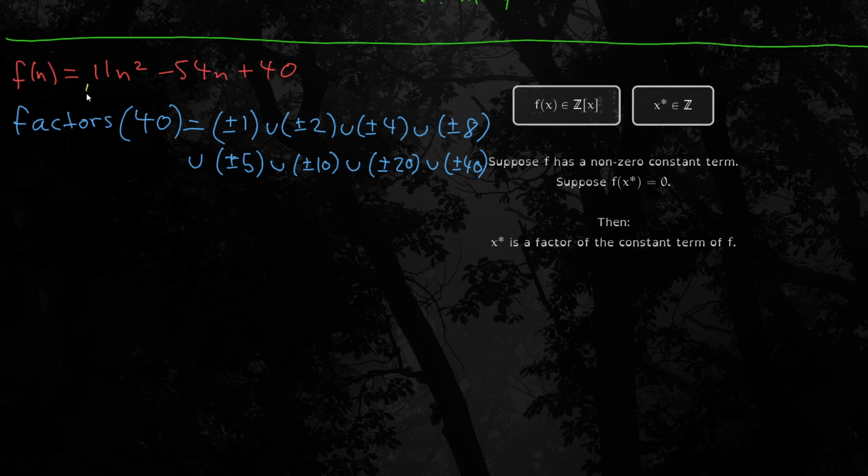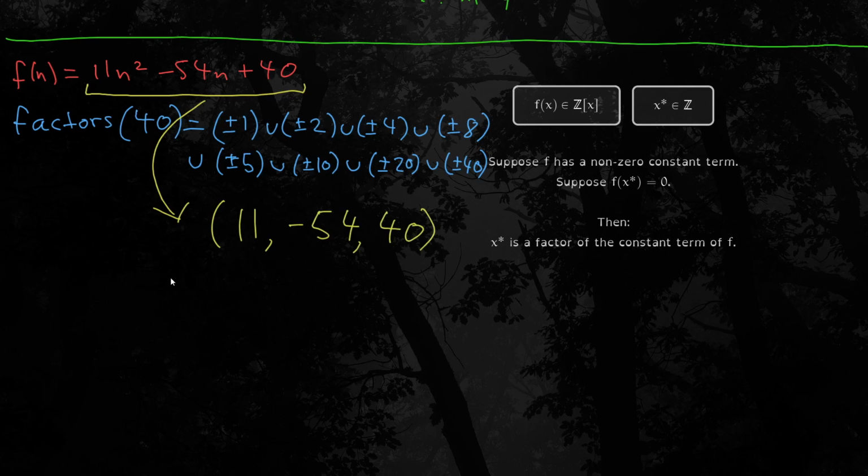And so what we're going to do here is take these coefficients and put them into a vector, just like that, and then reduce the components of that vector modulo a number of our choice. In this case, we'll choose 11. So basically for each of these numbers, we're allowed to add and subtract 11 to our heart's content, and the idea is just to get small numbers coming out the end.